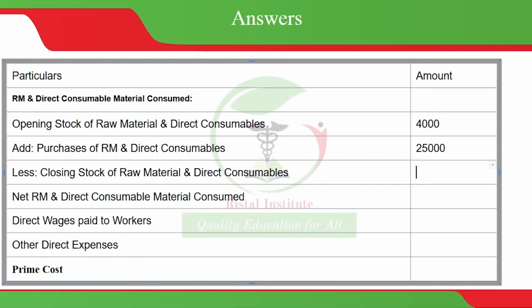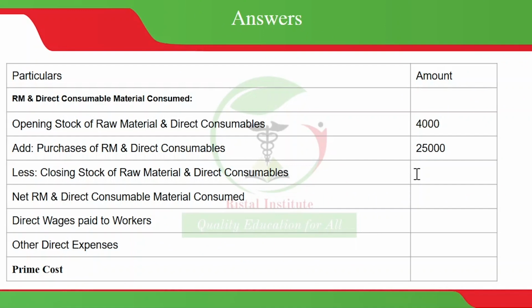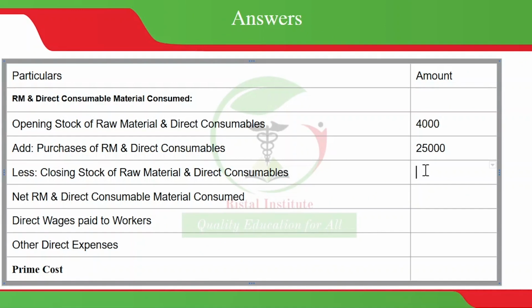Then we less the closing stock, which is given to us: the closing stock of raw materials and direct consumables was 2,000. If you're lessing, you put the bracket sign, minus 2,000. When you add 25,000 plus 4,000, which is 29,000, minus the 2,000, you get 27,000.